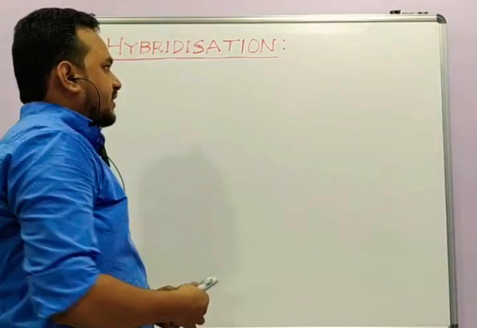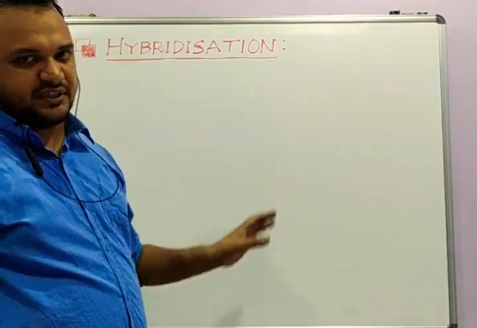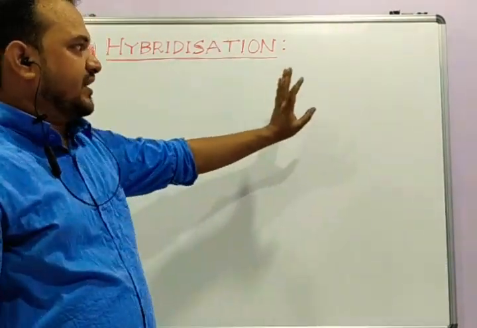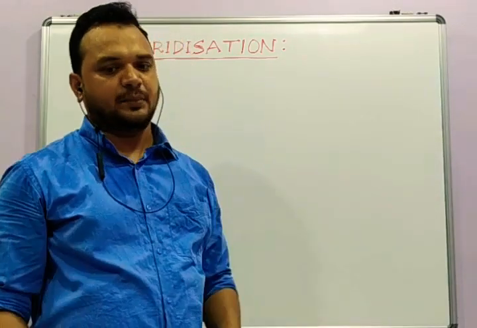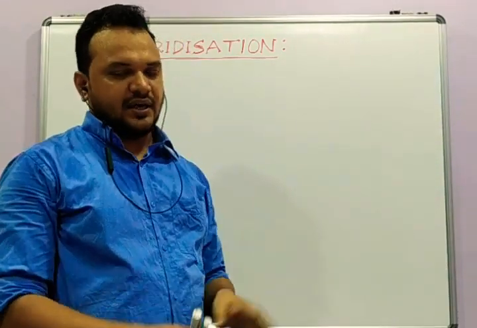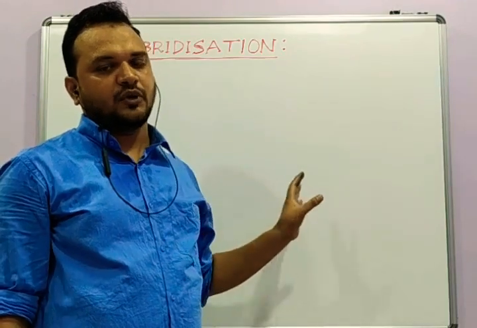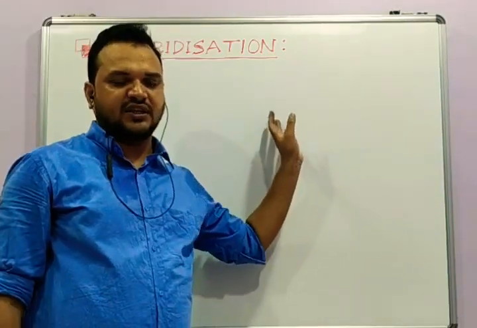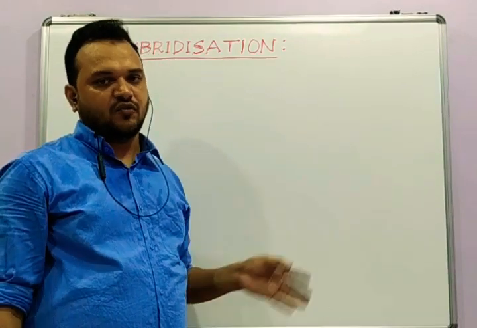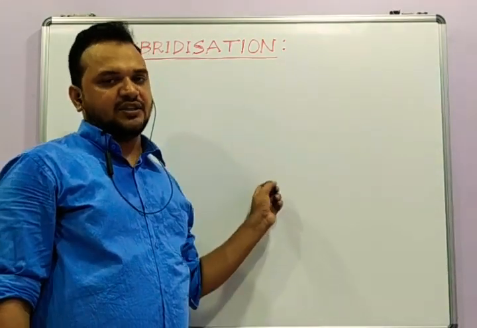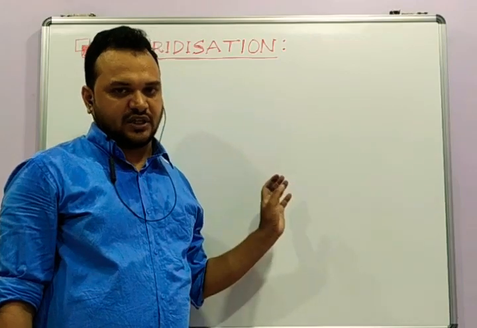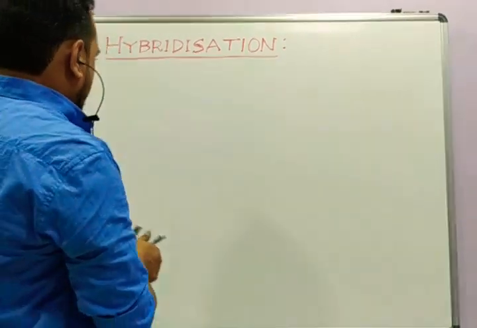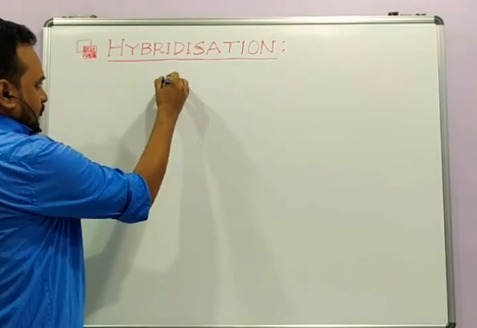Now, as far as organic compounds are considered, for carbon there is a trick to find the hybridization of the carbon atom. It will not help you for each and every molecule, but as far as carbon in an organic molecule is considered, you can find the hybridization of the carbon from the structure by the number of covalent bonds.